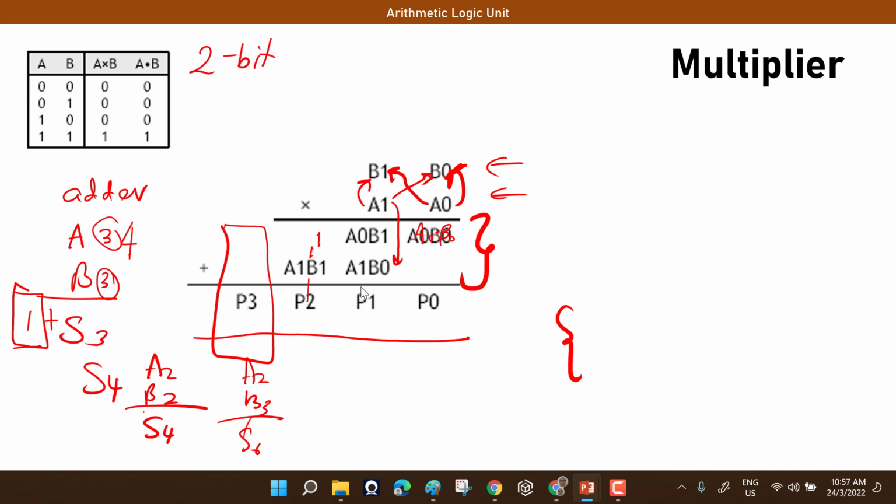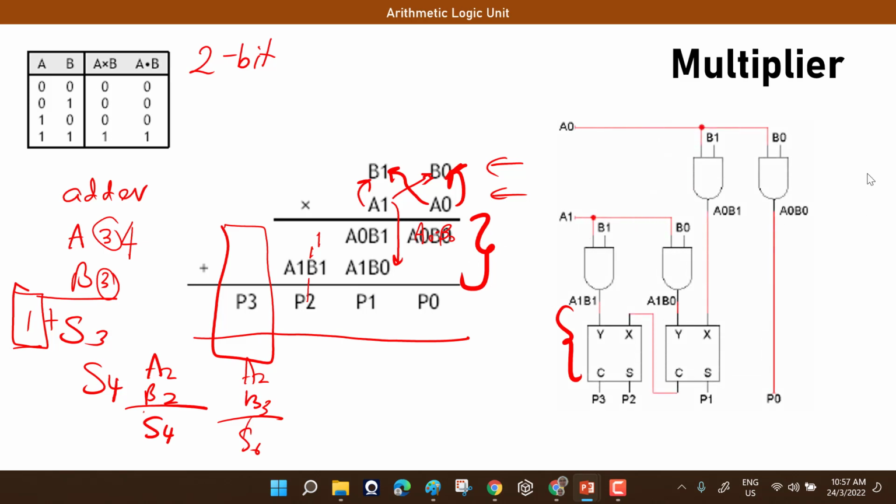So how do we implement this circuit? You can implement this by translating the process into gates. A0, B0: multiply is equal to AND, so you can have an AND function to execute this item. One element here, then a second AND gate to cater for this second item, A0 and B1.